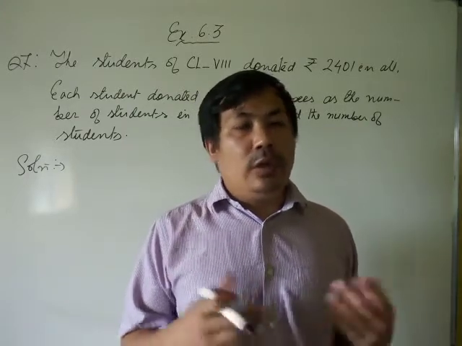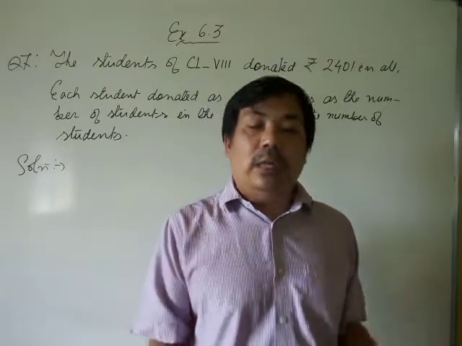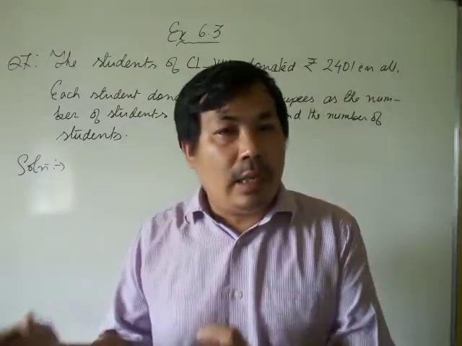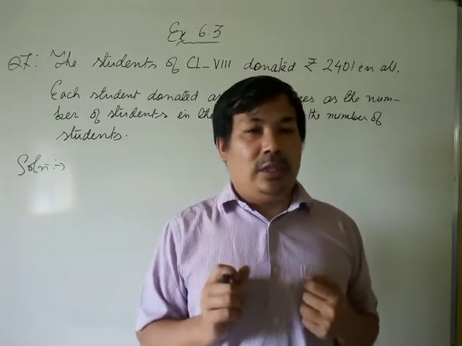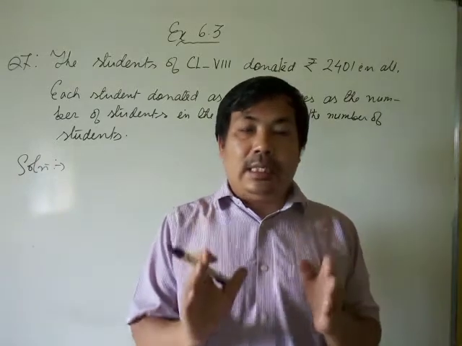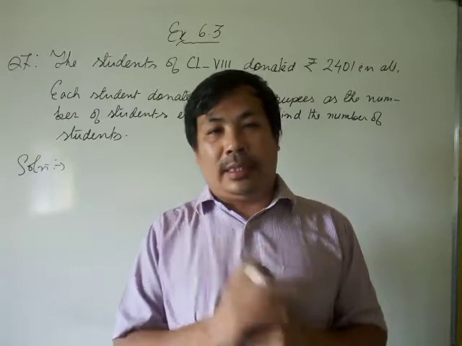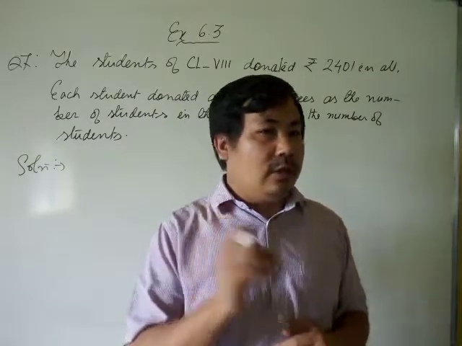Clear? So we don't know the number of students, which is equal to the amount of the donation of one student. So let us take this number of students as x. Then the amount will also be x. Got it? Yes.